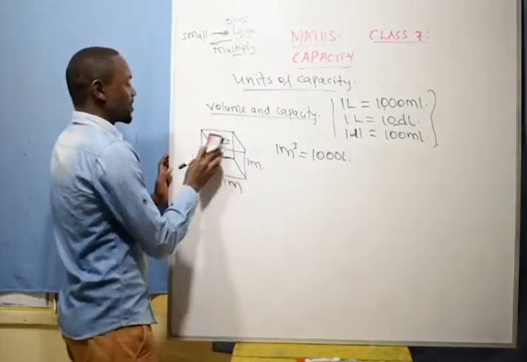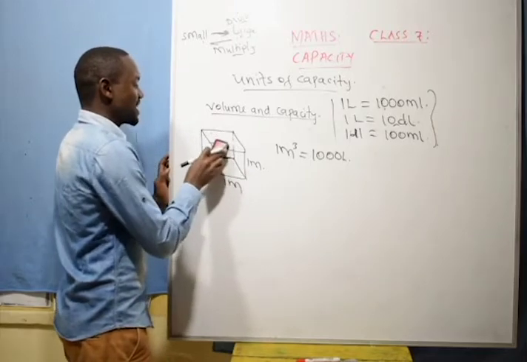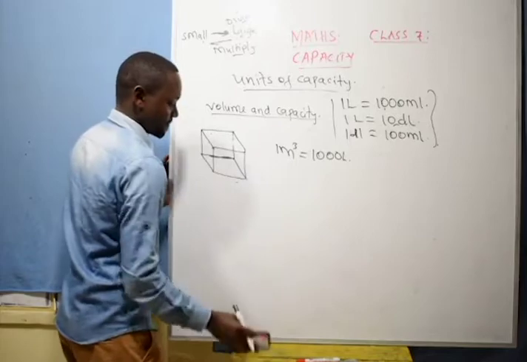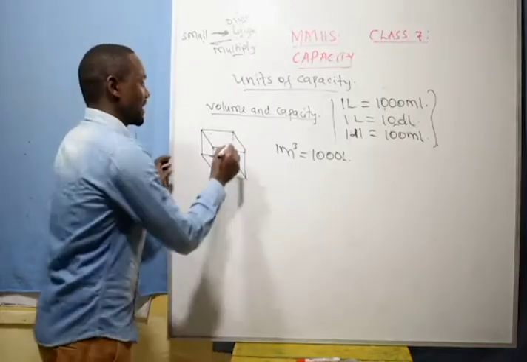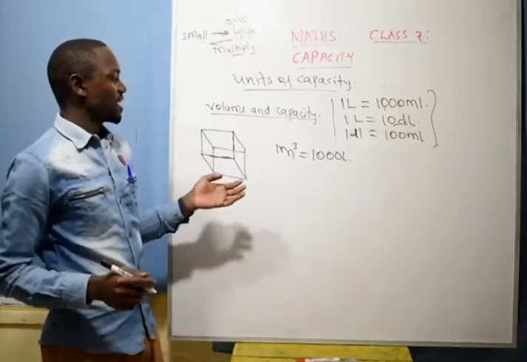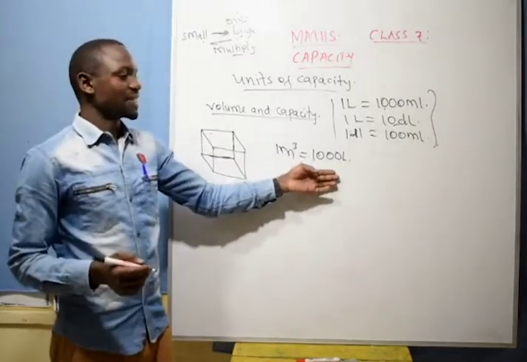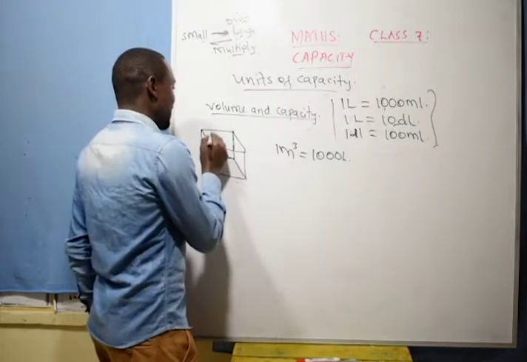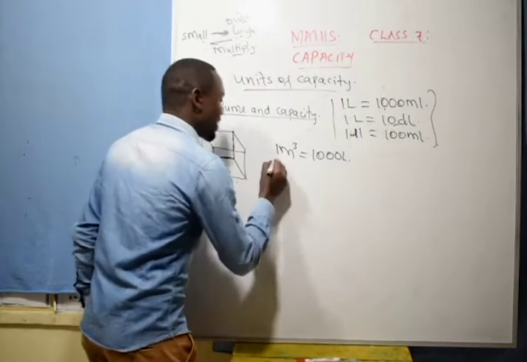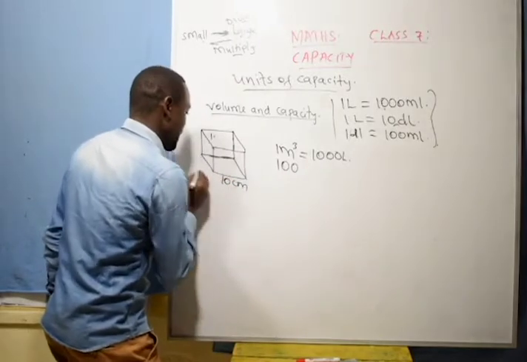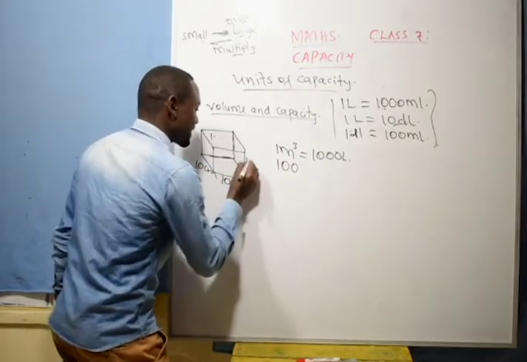Let's look at another container. This is a small container. So this is the relation between cubic meters and cubic centimeters. A container that measures 10 centimeters by 10 centimeters by 10 centimeters.